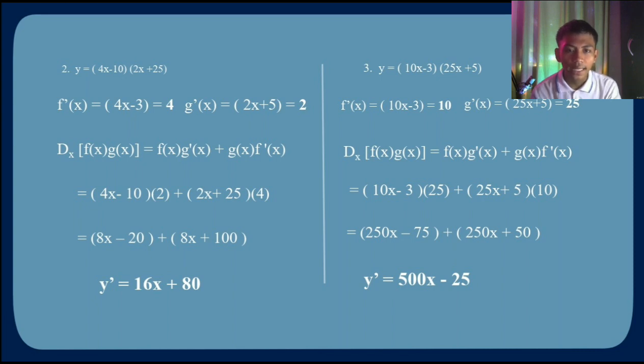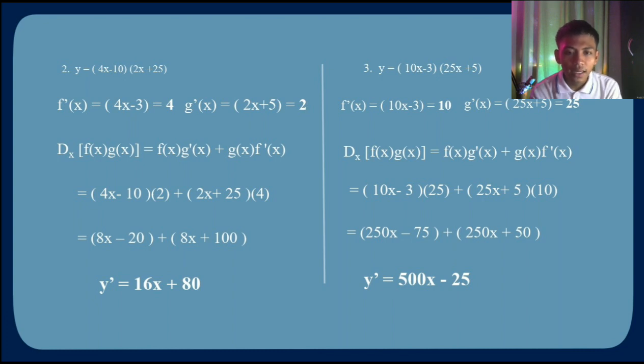Example number 3. y is equal to 10x minus 3, which is the f of x, and 25x plus 5, which is the g of x, and then the derivative of f of x is equal to 10, and the derivative of g of x is 25.